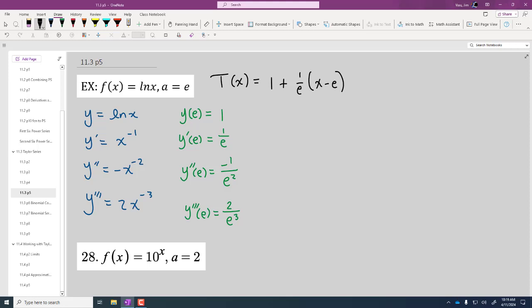And then the next constant, minus 1 over e squared, but this one has that modification with the factorial, and then x minus e squared. And then the next constant, 2 divided by e cubed modified with the 3 factorial, x minus e cubed plus dot dot dot.